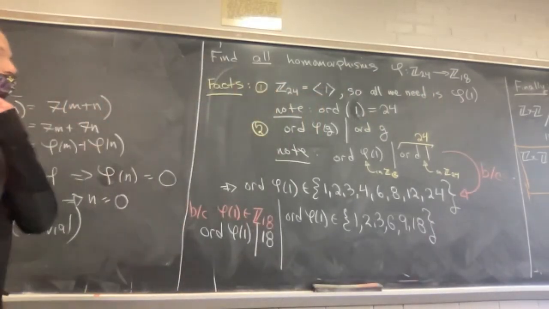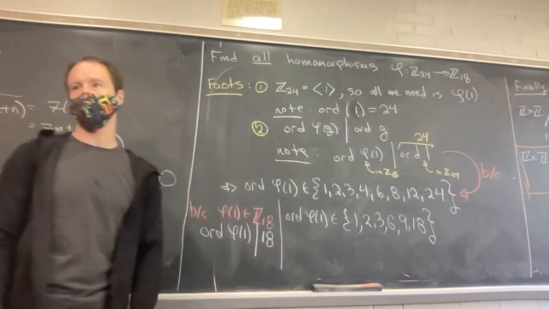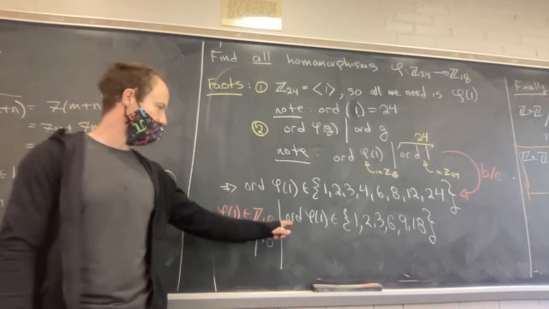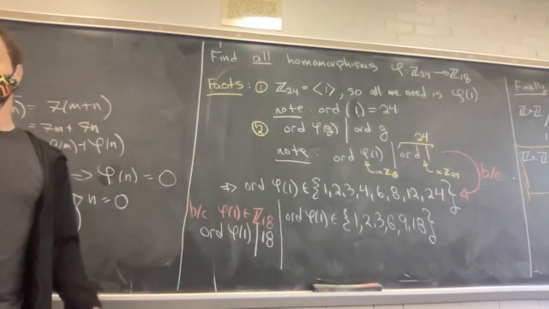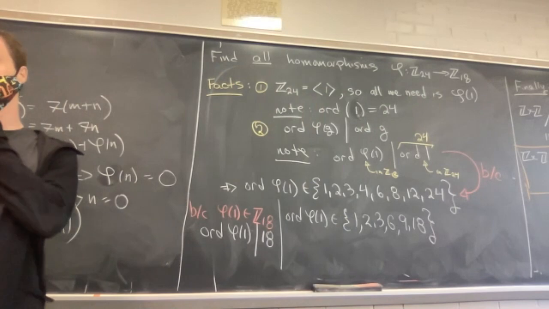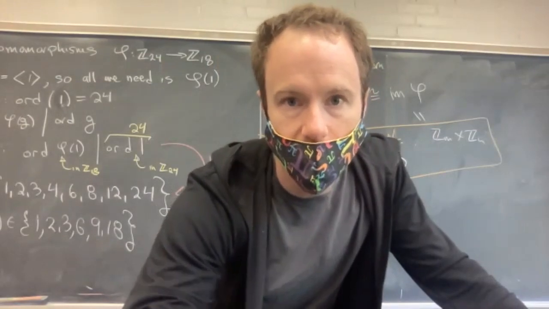So look at this. From the homomorphism rule, the order has to be in this set. From the order of an element dividing the order of a group, the order has to be in this set. So if it has to be in both of those sets, it has to be in the intersection, right? That means we can easily mash those two facts together to get a smaller set that our order has to live in.